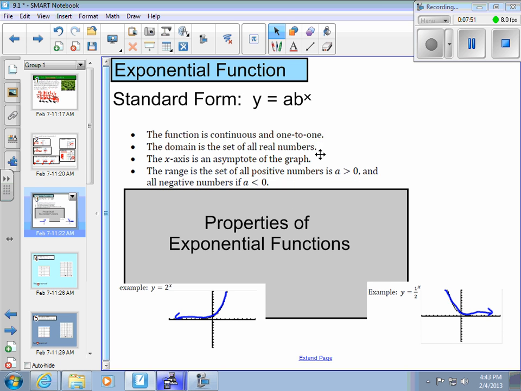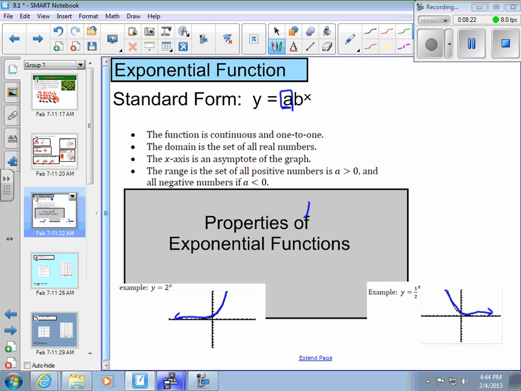The range is the set of all positive numbers where a is greater than 0 and all negative numbers where a is less than 0. So when you are looking at the equation, if this is a positive number, then your graph's going to be always above the x-axis. If this a number is negative, then your graph is going to be below the x-axis the whole time.